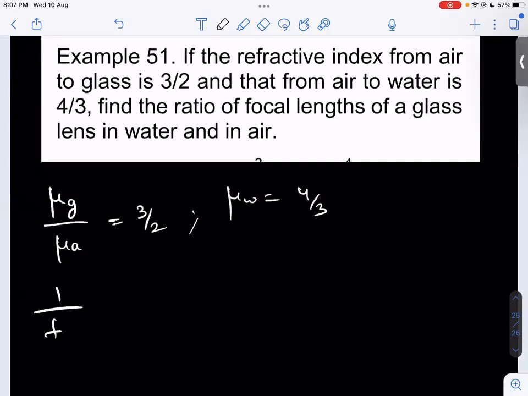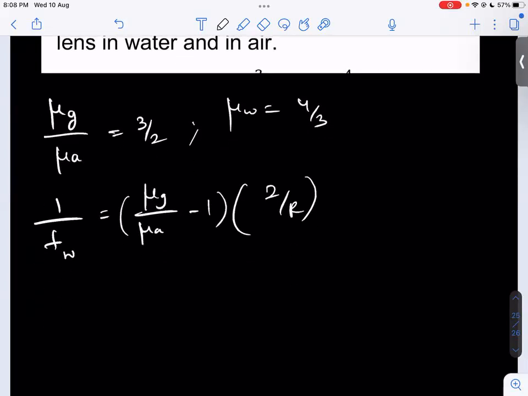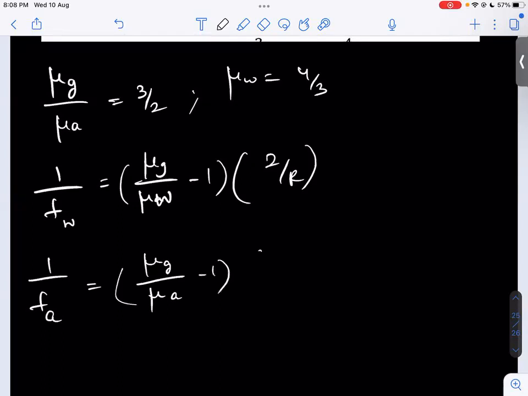So 1 by focal length of lens in water is equal to mu g divided by mu w minus 1 into 2 divided by r. We don't know what lens it is. They didn't give it, so we'll assume it to be convex. 1 by focal length in air is mu g divided by mu air minus 1 into 2 by r. Divide both.